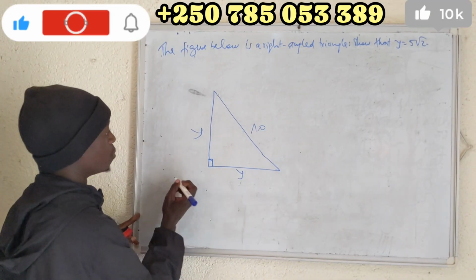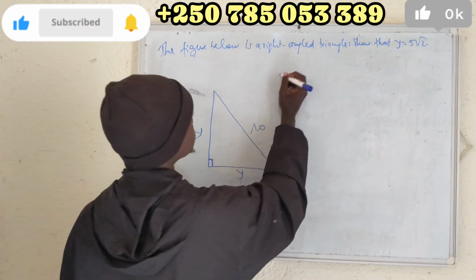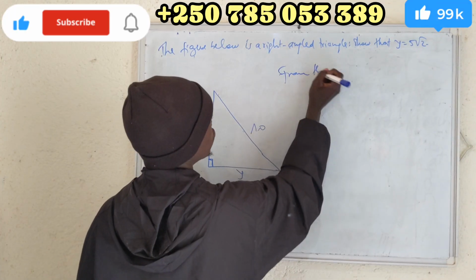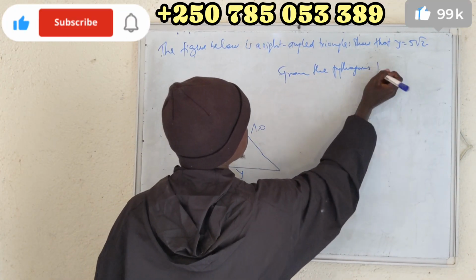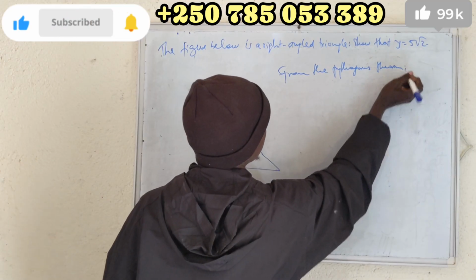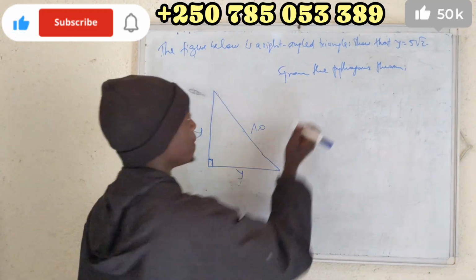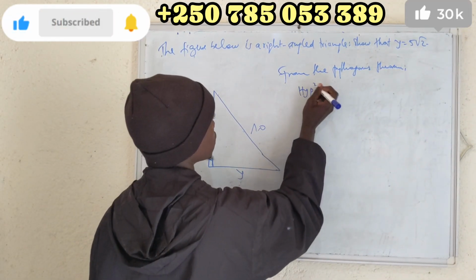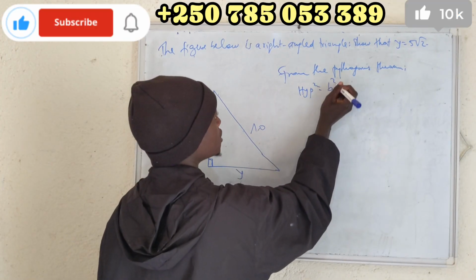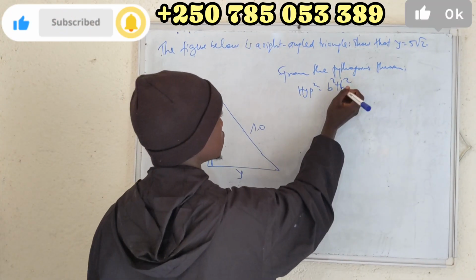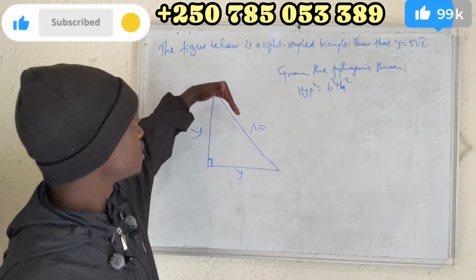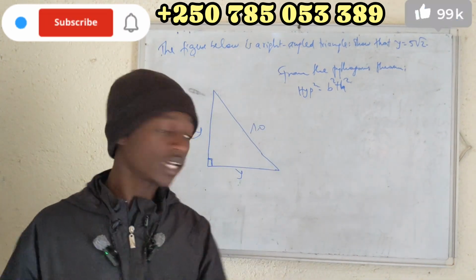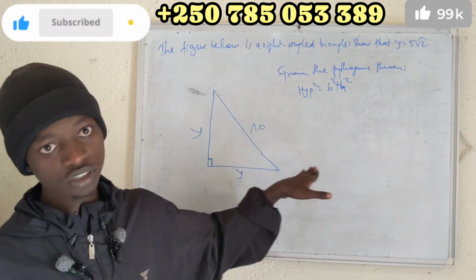From the Pythagoras theorem, hypotenuse squared is equal to base squared plus height squared. What is the hypotenuse? The hypotenuse is the longest side of the right-angled triangle.